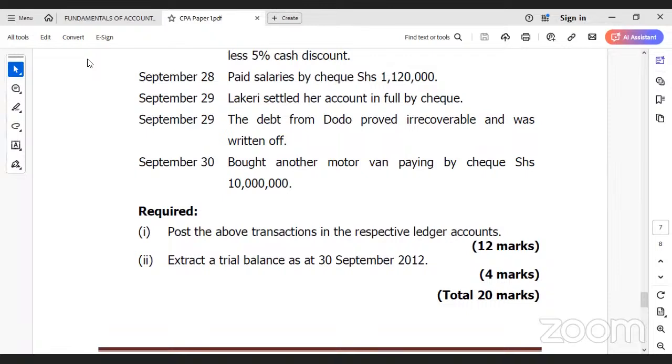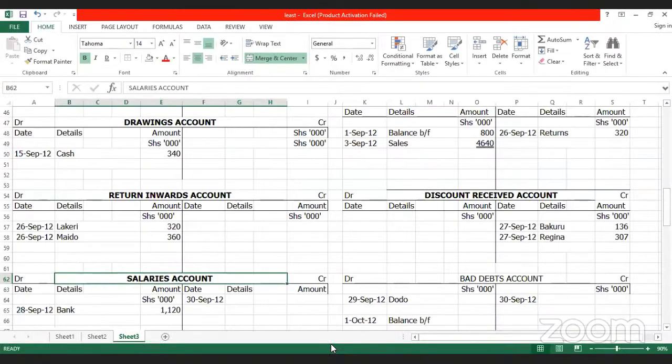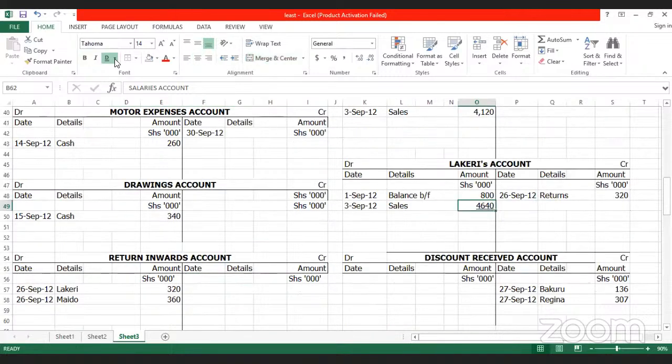Let's do that. So let's credit the customer's account. That is Luckey. Where is Luckey's account? Luckey's account is here. So first go to that account.